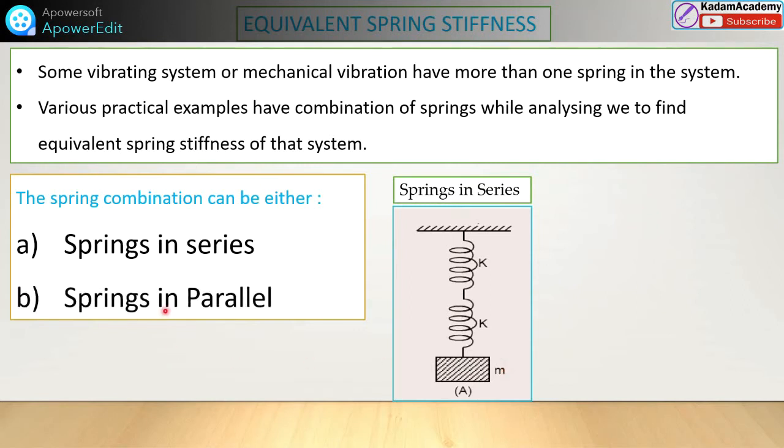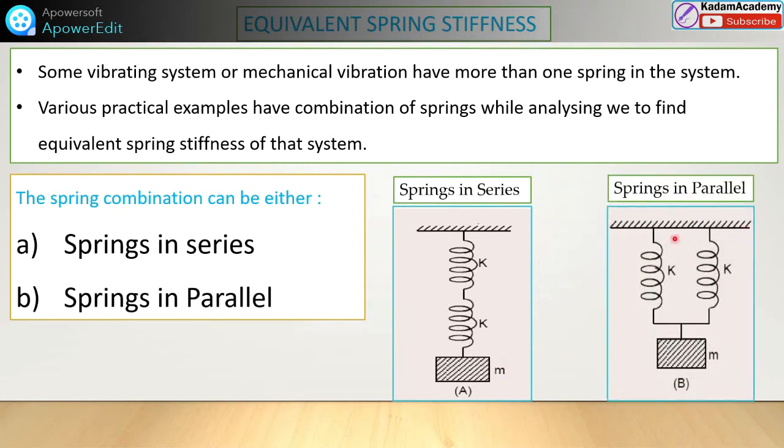And the second case is springs in parallel. This is the parallel system, attached in parallel to the mass. It is connected at one point, and the mass is attached here. The springs may have different or the same stiffness, but we have to find the equivalent stiffness here. When two stiffnesses are there, we cannot calculate directly, so we have to convert the dynamic system into a static system.